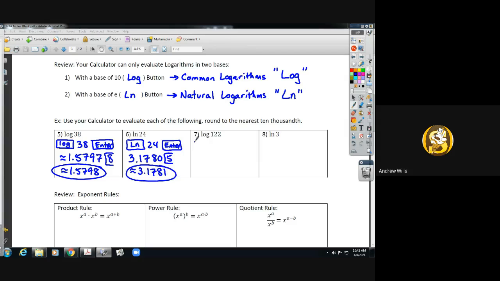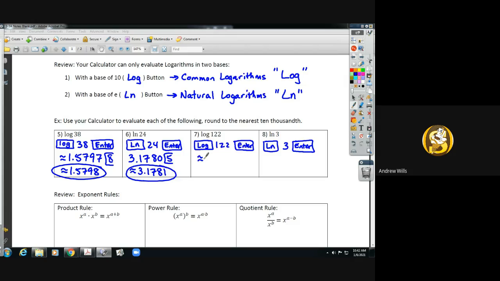Again, it's just all about hitting the correct button on the calculator. And then rounding correctly.